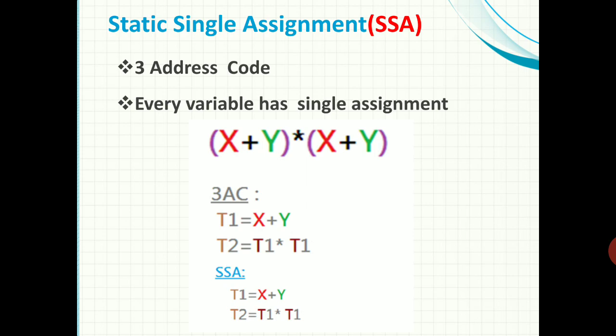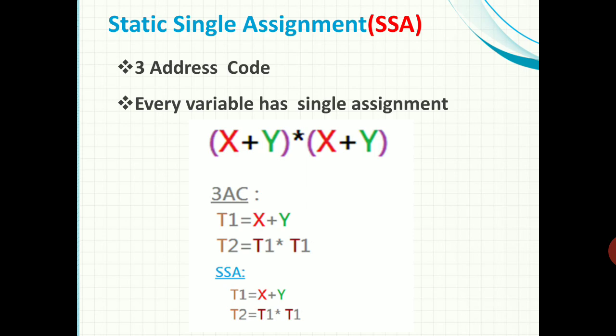The corresponding 3 address code is T1 equal to x plus y and T2 equal to T1 star T1. Then come to the 3 address code, first line, that is T1 equal to x plus y. Here x and y are used and T1 is assigned a value. So T1 is going to generate a new value.